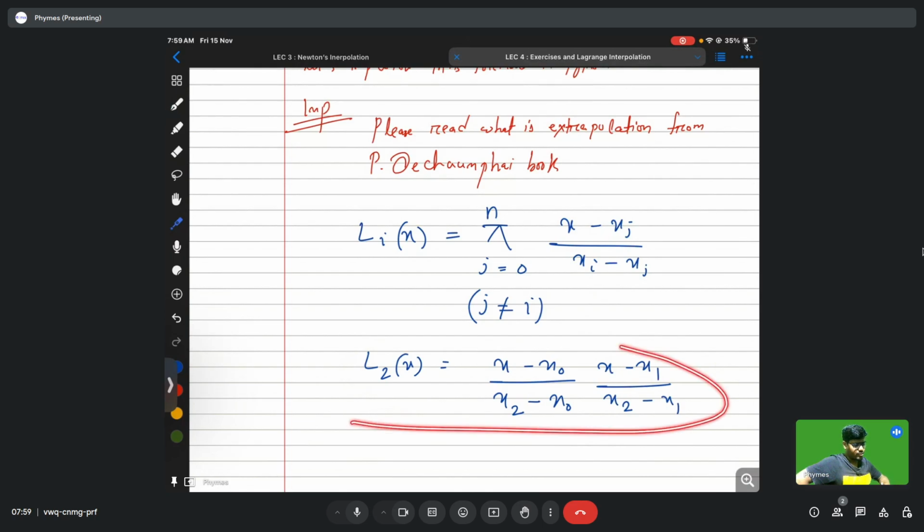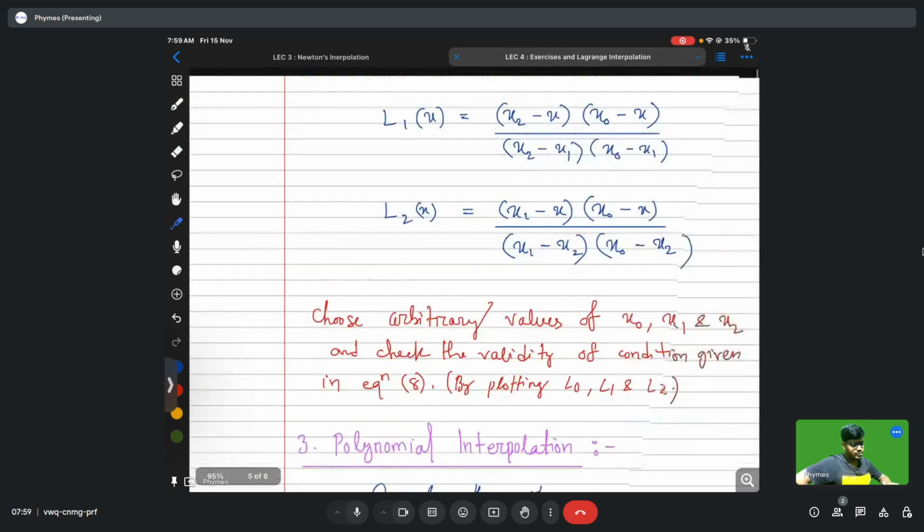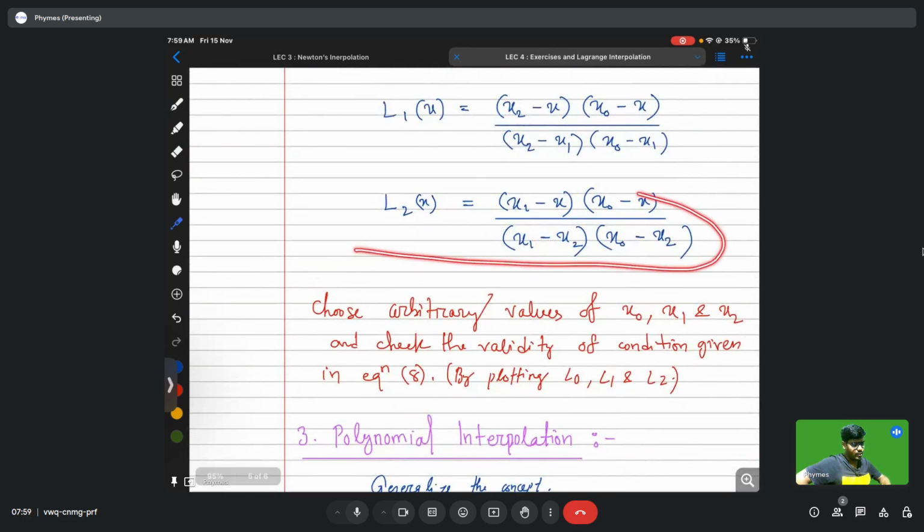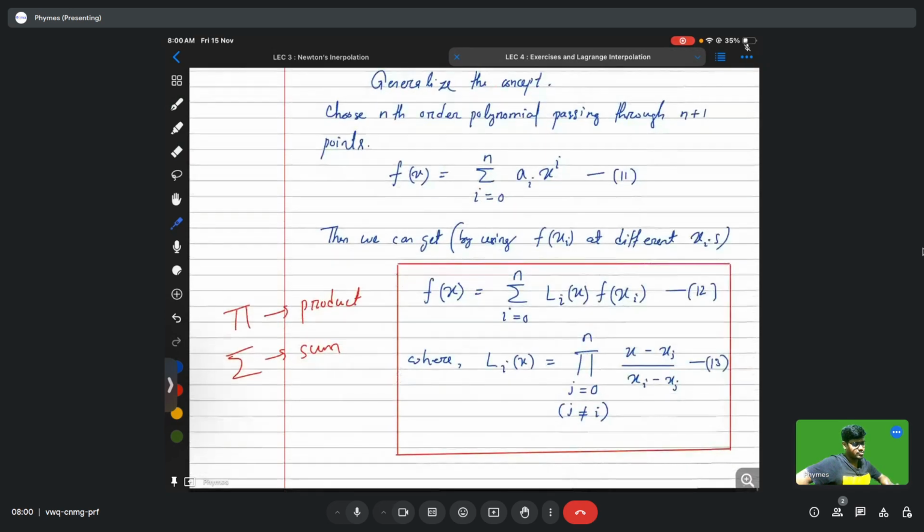As you can see, this exactly matches with the value of L2(x) here. So this verifies the formula here, right? You can verify this formula using different values of i and j, right?